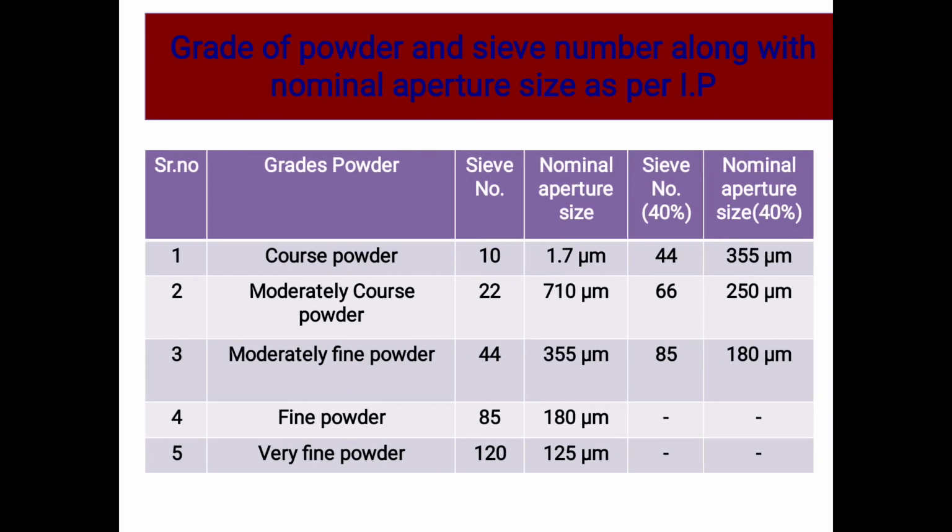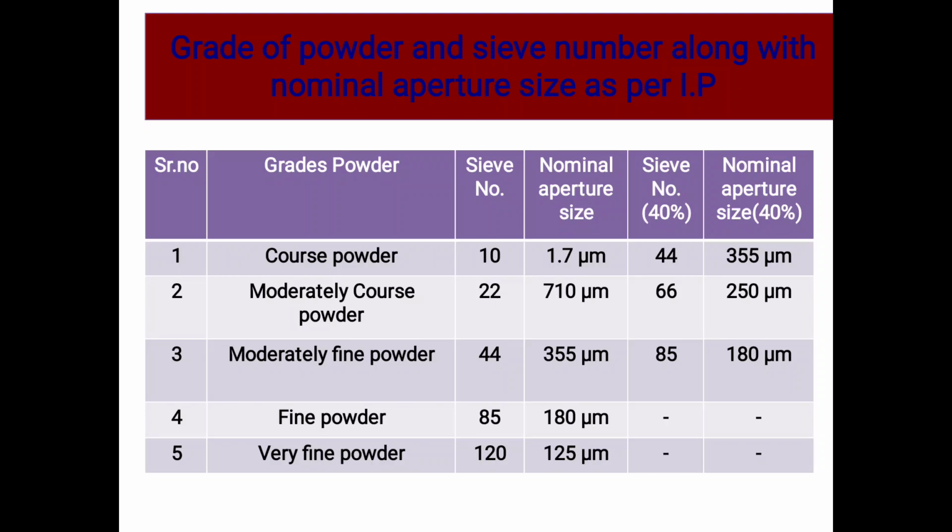So these are the various grades of powder and sieve numbers along with nominal aperture size as per Indian Pharmacopoeia. There are 5 types of grade powders: coarse powder, moderately coarse powder, moderately fine powder, fine powder and very fine powder.